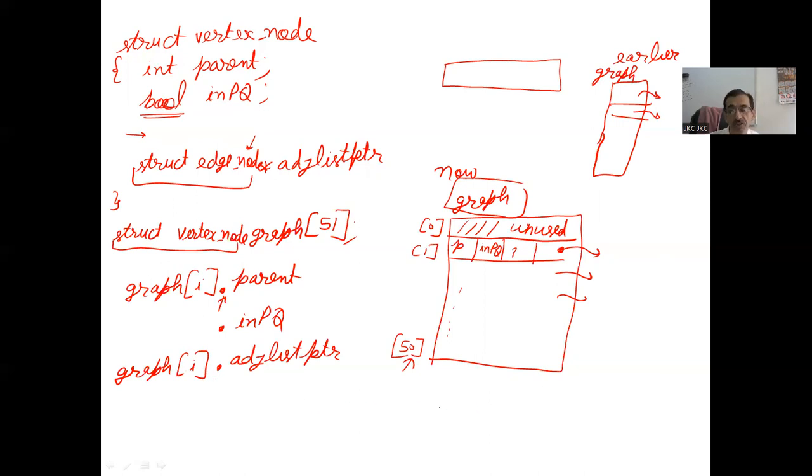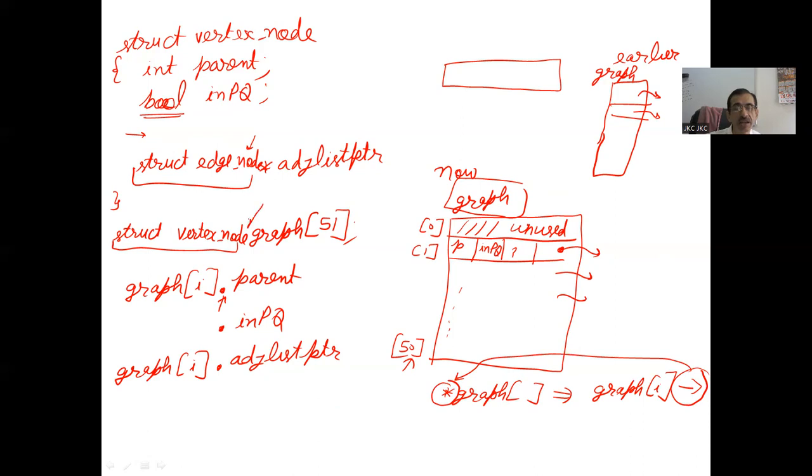If something was declared as a star graph, only then the syntax will be graph[i] arrow something. So this arrow is connected directly with the use of a star graph. We have not used a star here, so we will be using a dot while referring to this. Having said that, I hope this is clear by now.